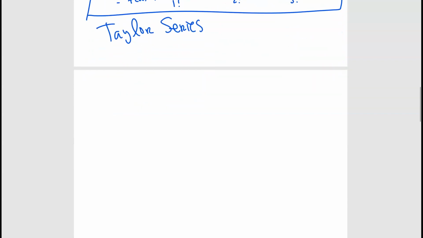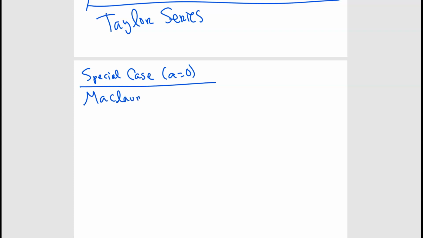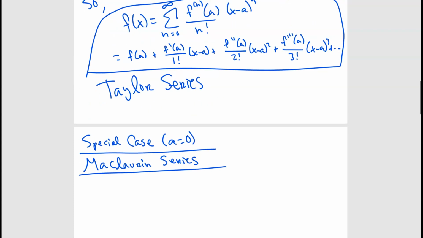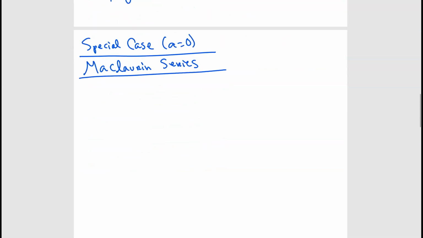So we do have a special case. And the special case is when a equals 0. When a equals 0, this special series is what we're going to call the Maclaurin series. Okay, so the Taylor series is a little bit more general. It's for any value of a, whereas for the Maclaurin series, we just want to look at a equals 0.